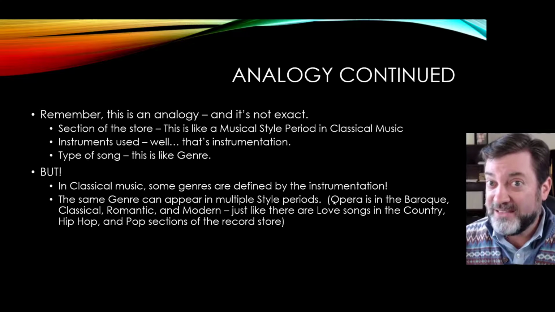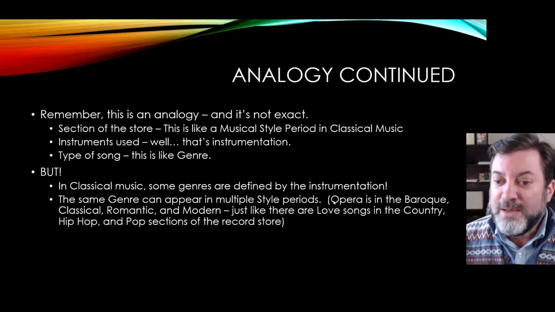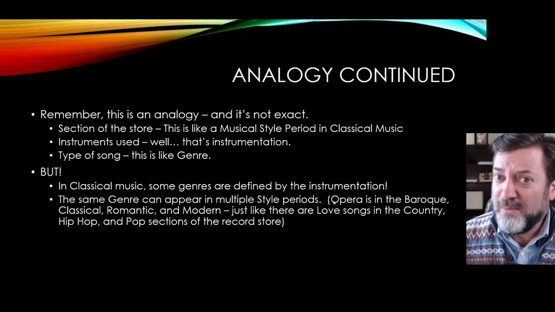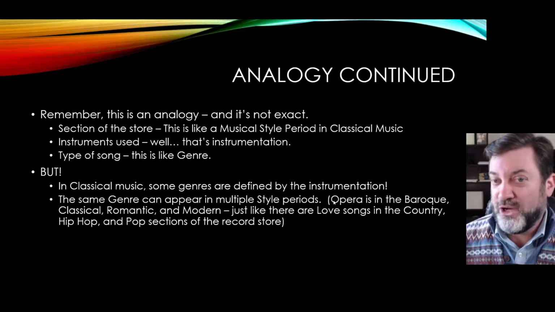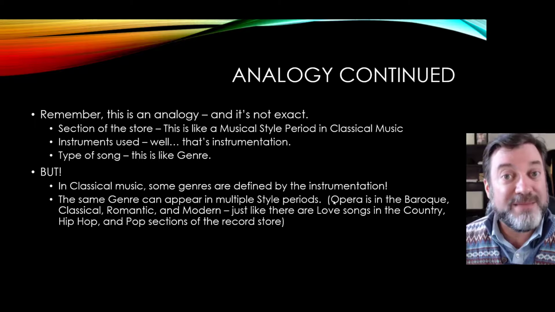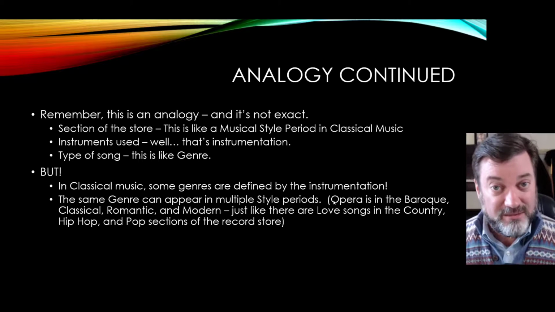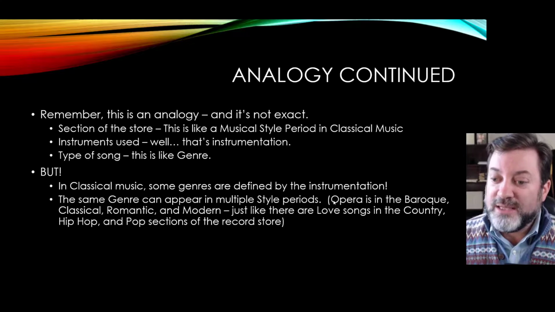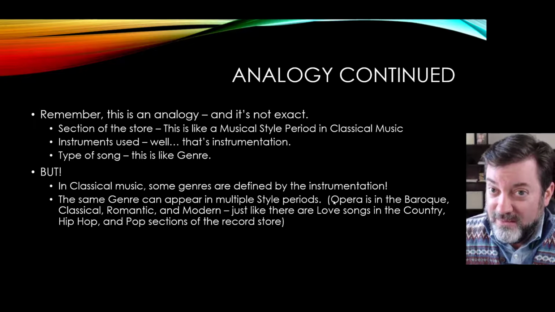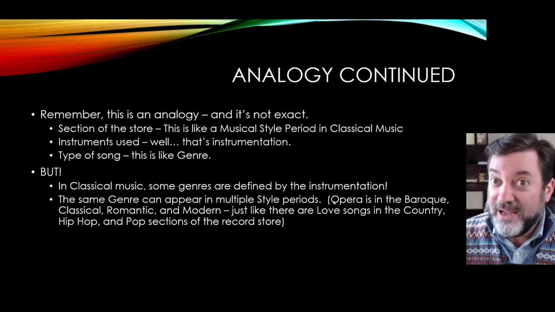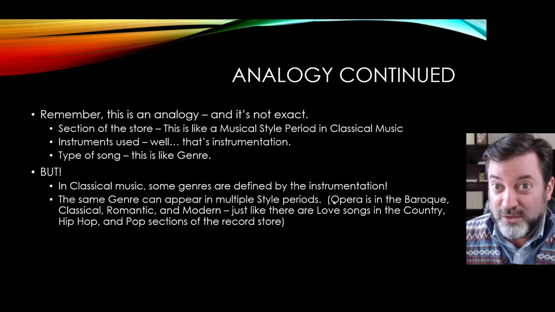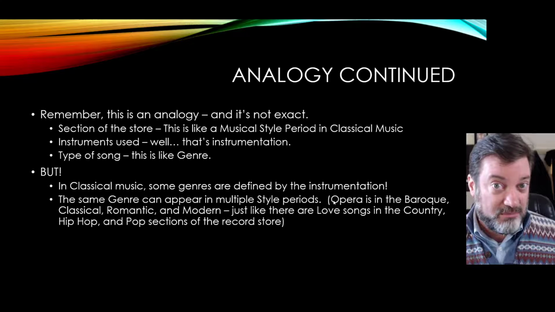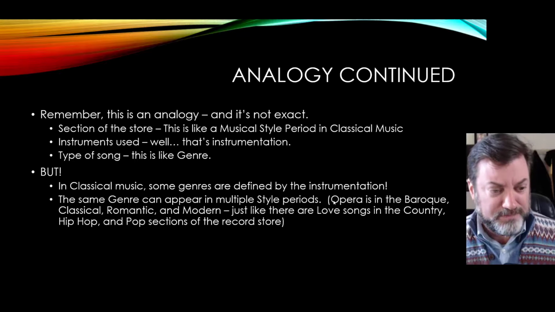And that's what defines a string quartet. But there are other times where the instrumentation may inform, but not exactly tell you, the genre. If you have a full orchestra, it may indeed be a symphony, or it may be a tone poem. Okay? Now, it's going to be a symphony if it's in the classical style period, because we didn't develop the tone poem until the Romantic era. Does this make sense to you?